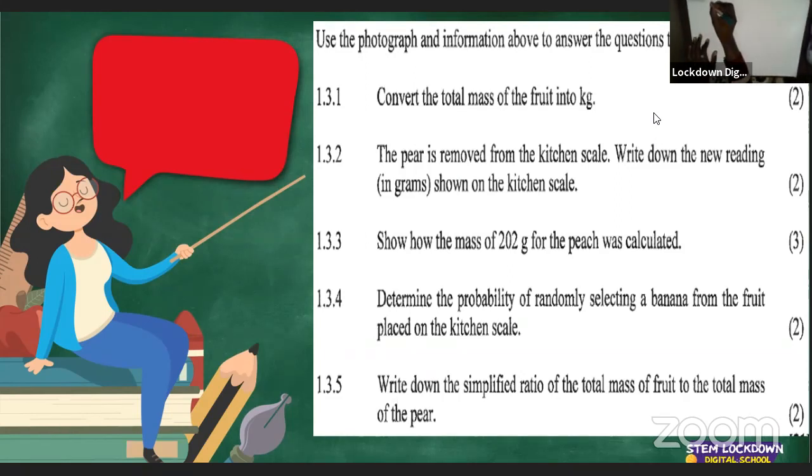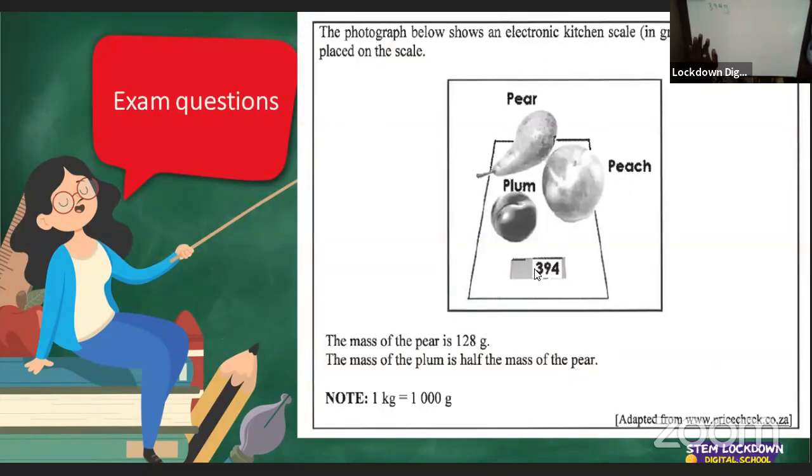So we know the mass of the three in grams is given as 394 grams. And we are told that the pear was removed from this. And the pear is actually having a mass of 128 grams.